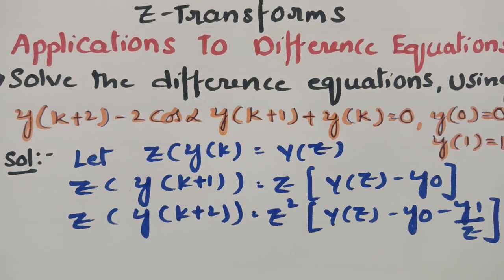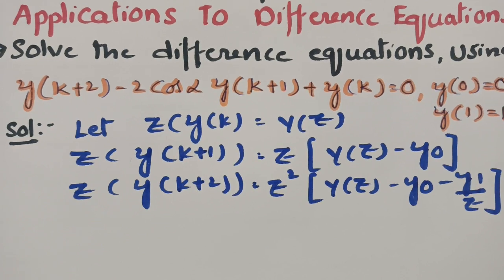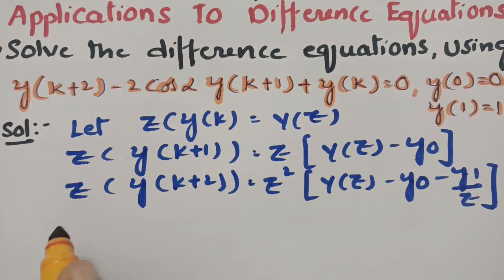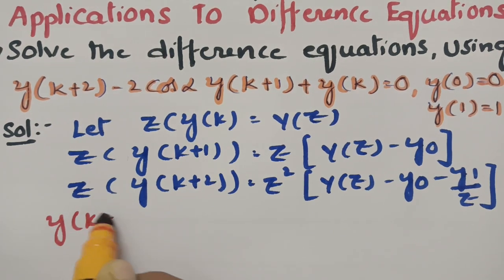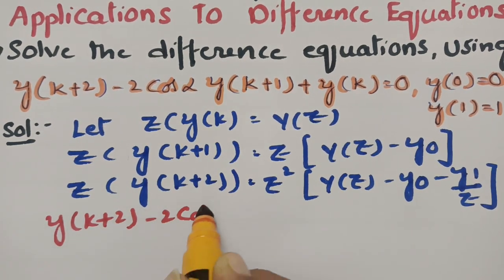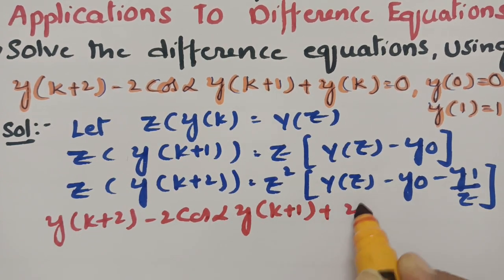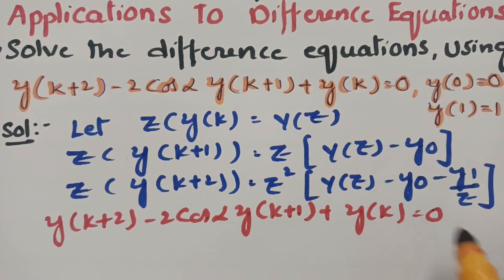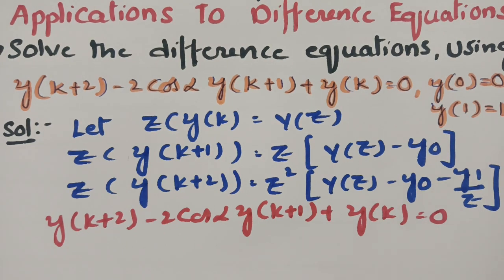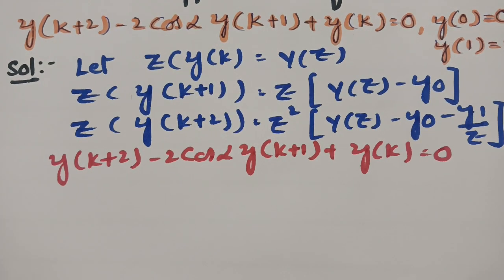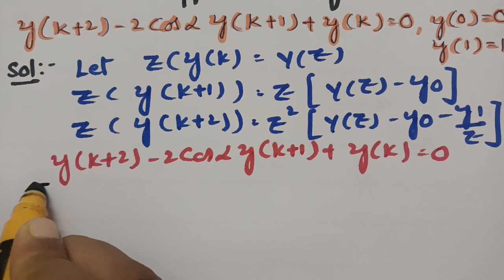Clear? Now we have to substitute all these equations. The given equation is y of k plus 2 minus 2 cos alpha into y of k plus 1 plus y of k is equal to 0. So in this equation, we have to take z transforms on both sides.